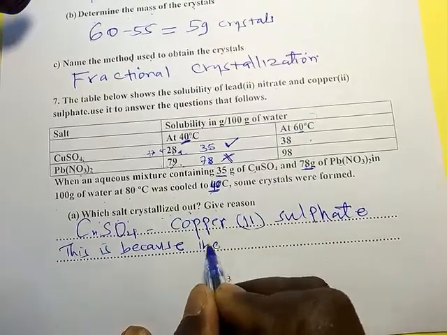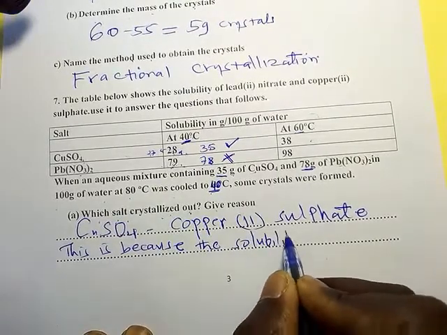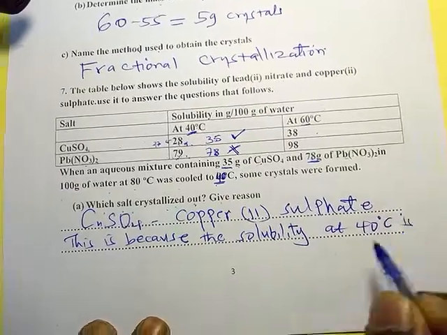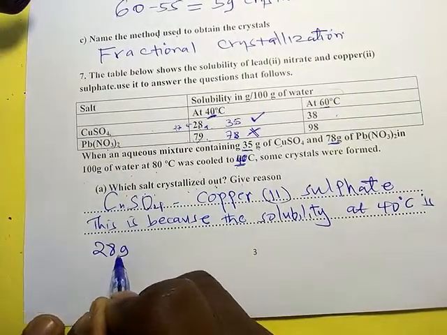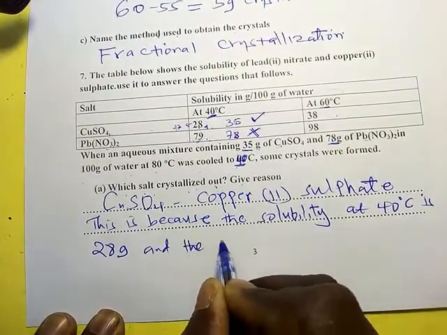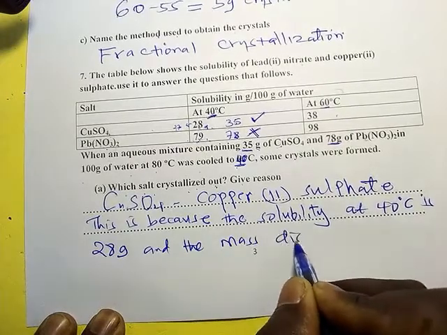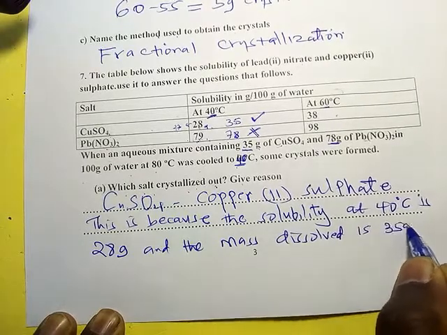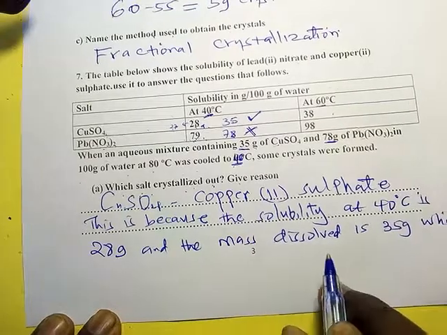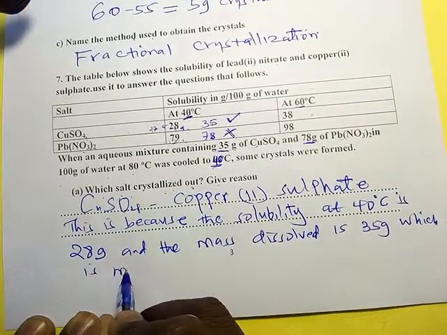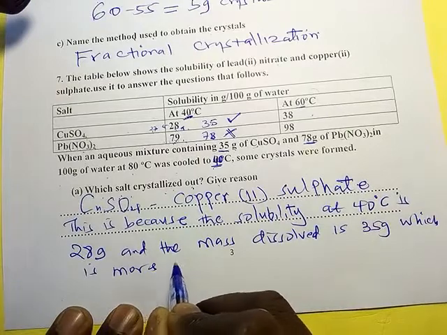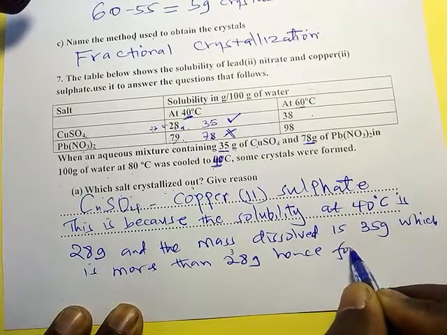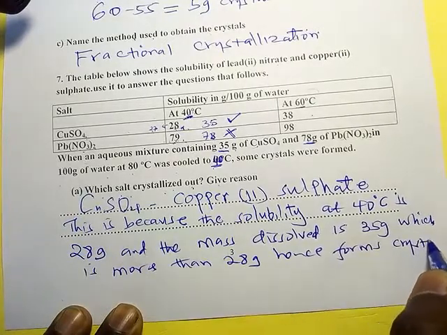Because the solubility at 40 degrees Celsius is 28 grams and the mass dissolved is 35 grams, which is more than 28 grams, hence forms crystals.